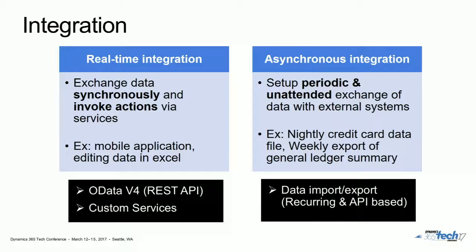Asynchronous is like a nightly credit card data load, or it could be your payroll data once in 2 weeks, or anything that is scheduled on a recurrence pattern. So personally, we like the asynchronous pattern because both the systems or applications that need to communicate are decoupled.